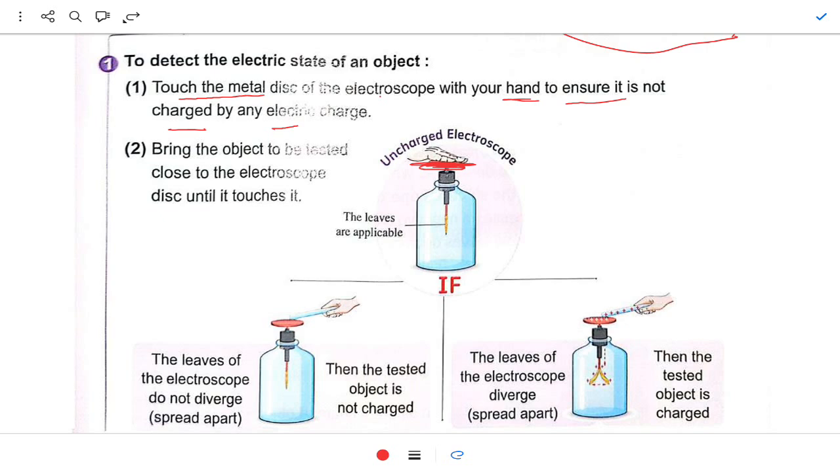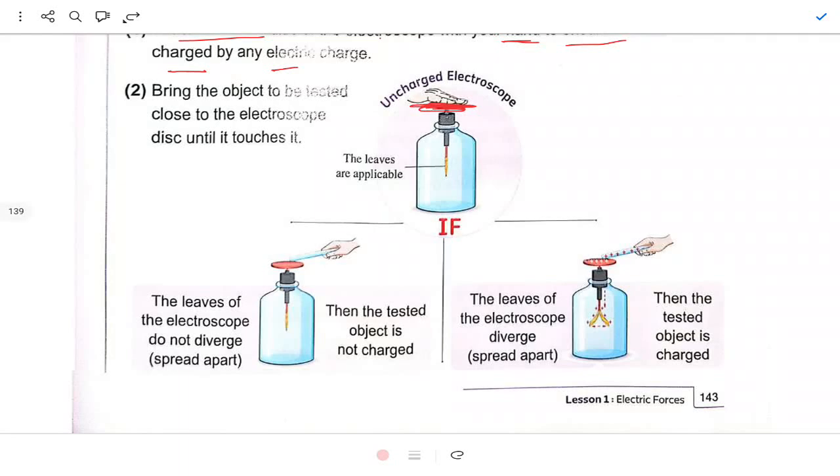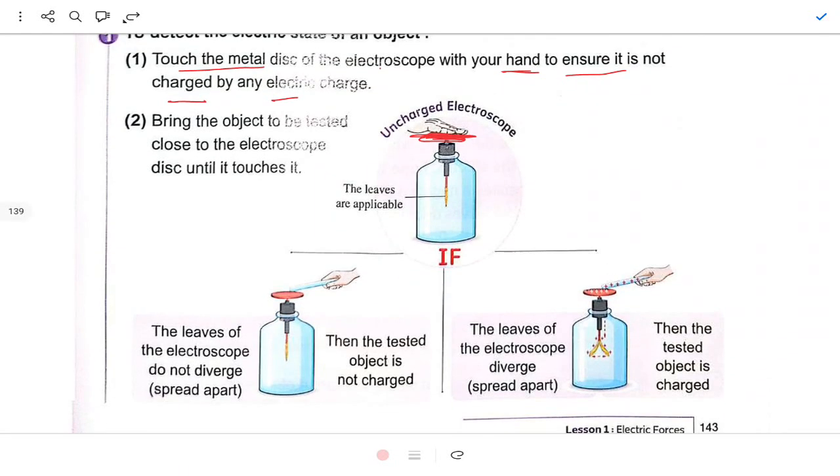And second, bring the object to be tested close to the electroscope disc until it touches it. This is the object to be tested, and this is the electroscope disc.